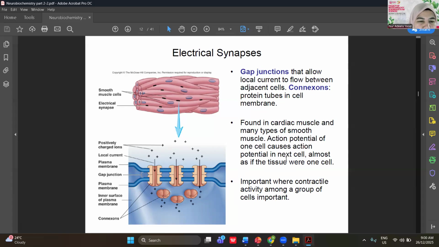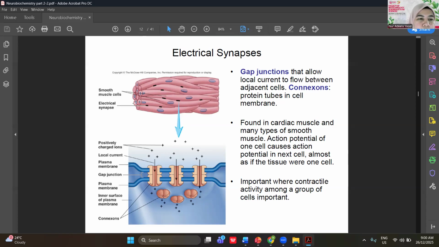So the action potential of one cell can directly trigger an action potential in the neighboring cell. This allows rapid and synchronized communication between cells, functioning as if the connected cells were a single unit.